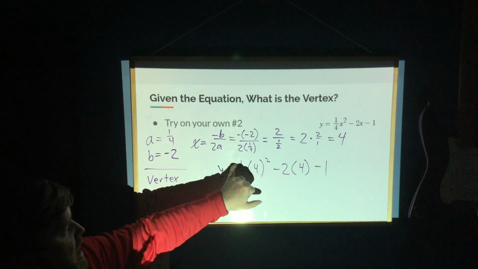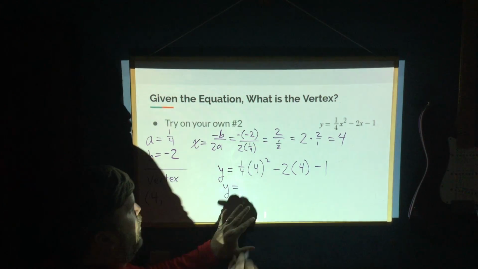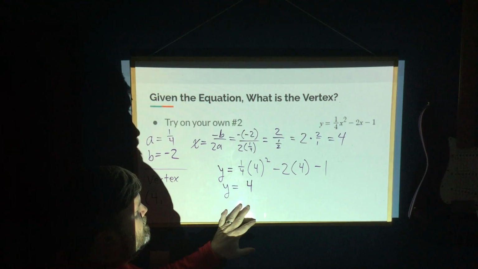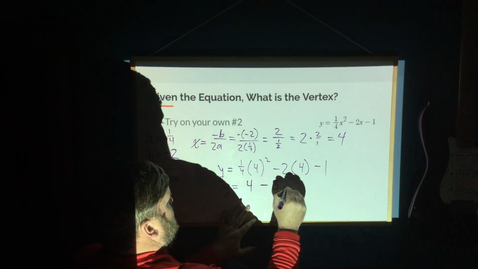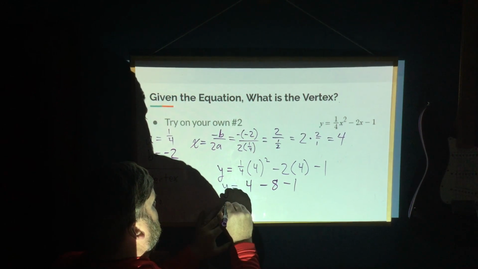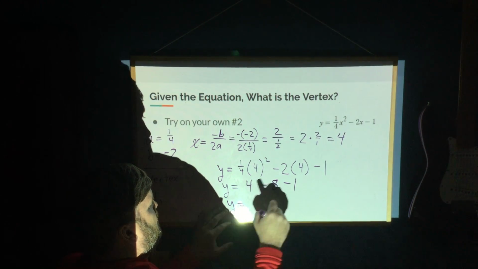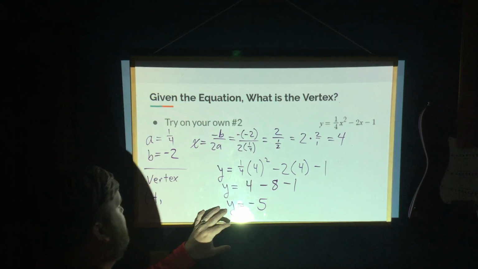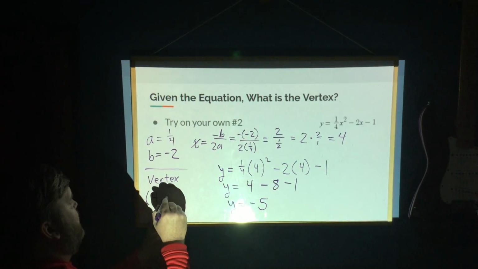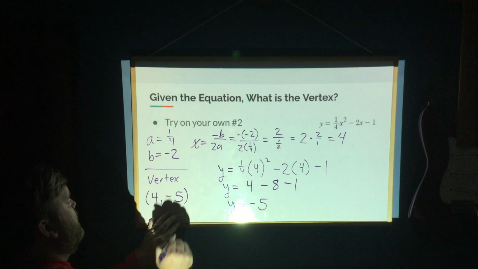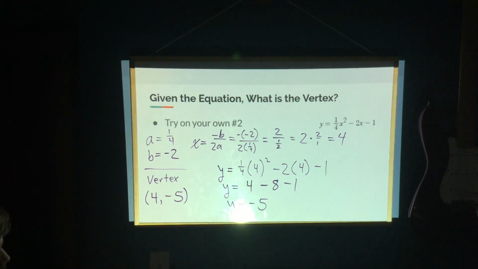Take 16 divided by 4 and you get 4. So all that simplifies to 4, minus 8, minus 1. 4 minus 8 is -4. -4 minus 1 is -5. So our vertex should be 4, -5.